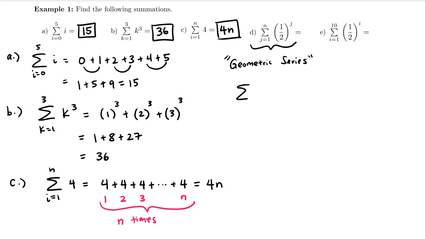I'm going to look at the summation starting at i equals 1 to n of some constant r to the ith power.